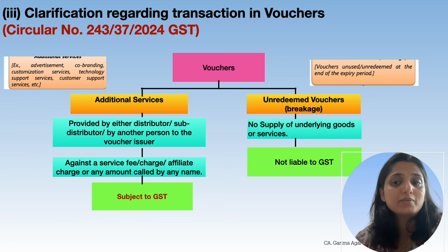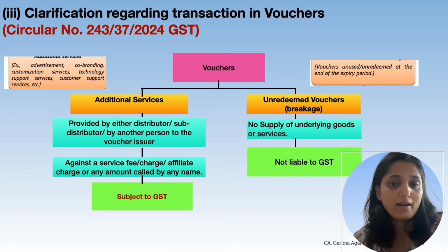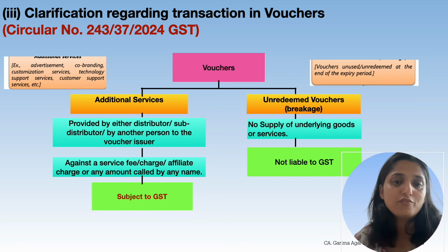There should be an explicit agreement beforehand. Here, when the vouchers are not redeemed, you should not presume that there was an explicit agreement earlier. There was nothing at the time of voucher issuance that this won't be redeemed, and there were no underlying goods or services exchanged because of that voucher, and therefore it should not be under the scope of GST.